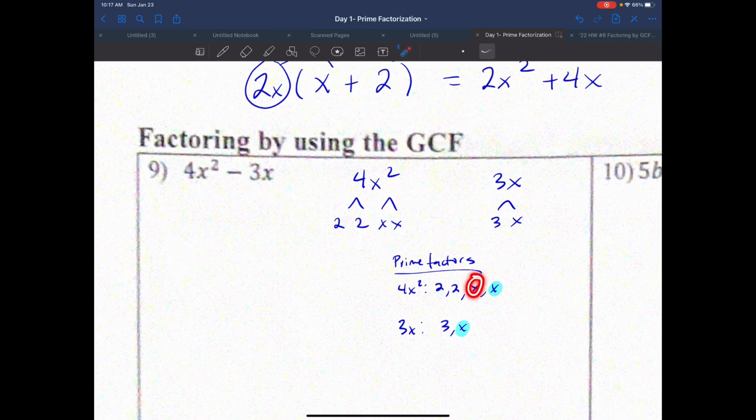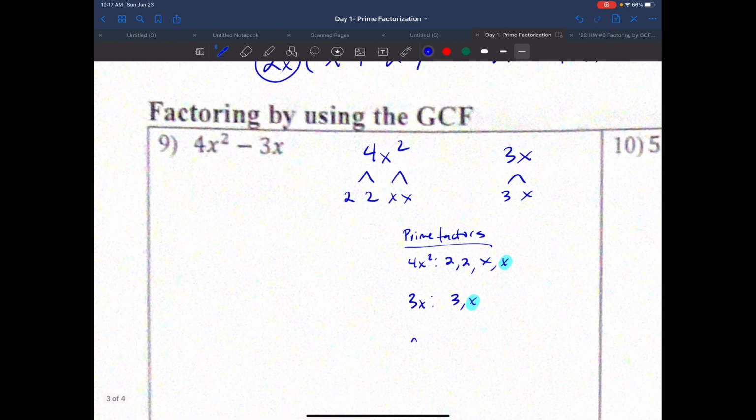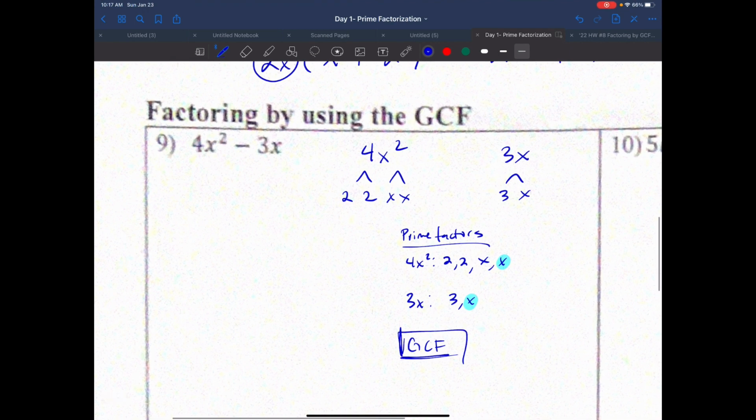This has another x, but this doesn't, so I can't highlight that. This has a 2, but this doesn't have a 2, and it's the same thing here. And this has a 3, but this doesn't have a 3, so I can't highlight those. So here's an x, which means our GCF in this case is x.